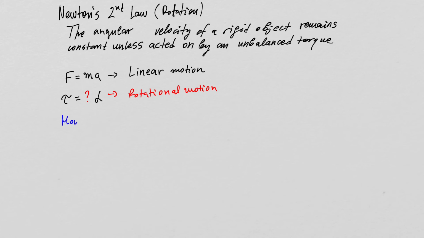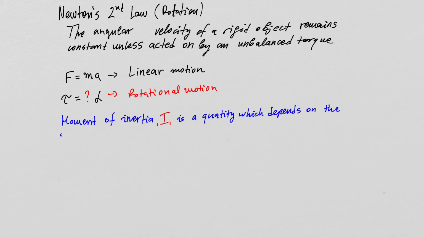So moment of inertia, which we are going to label with capital I, is a quantity which depends on the mass distribution inside a rigid body.